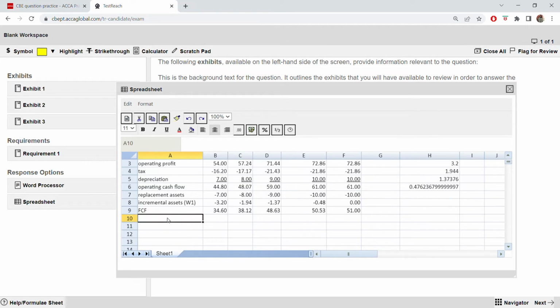Then we have, you need to discount free cash flow as well. Present value factor. What should be the present value factor? Tell me what is the present value. What is the WACC given? WACC is given as 15%. Okay.